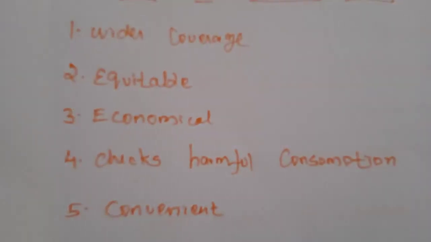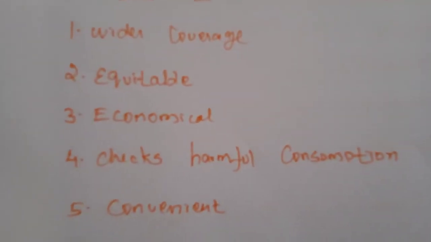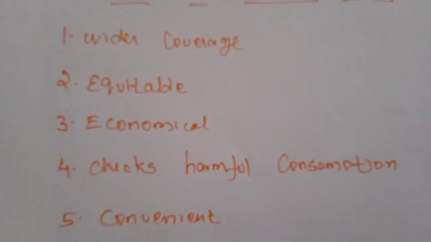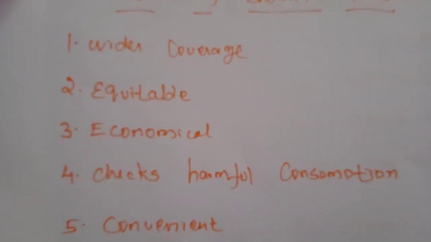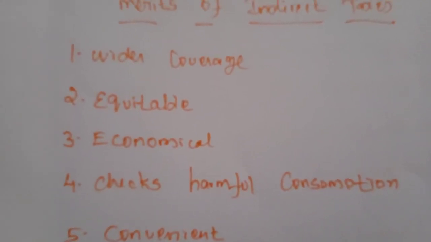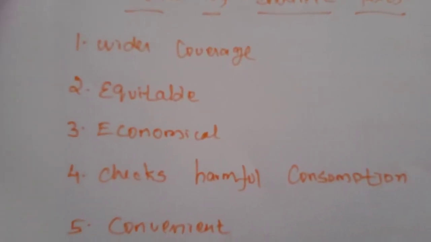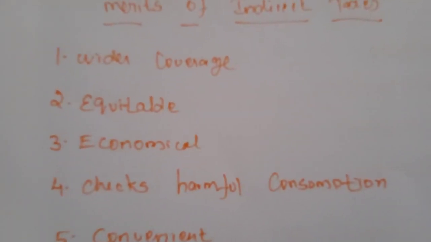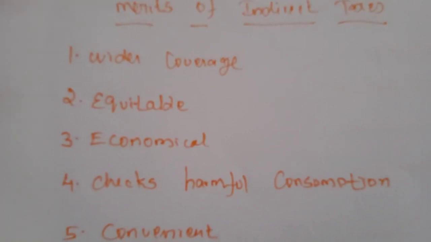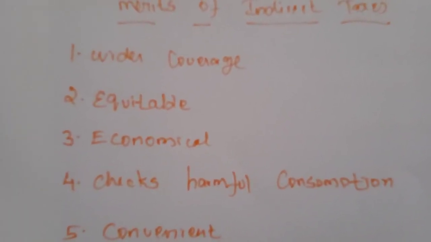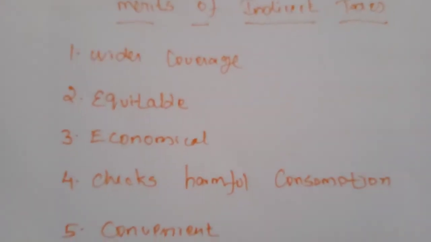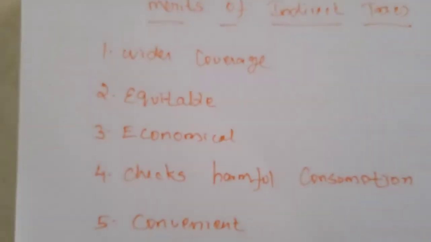In direct taxes, only particular people have to take the responsibility to pay the tax to the government, and the government will never get taxes from all individuals. But in indirect taxes, the government gets more benefit because all the people have to pay the tax when they purchase goods or use services provided by organizations.